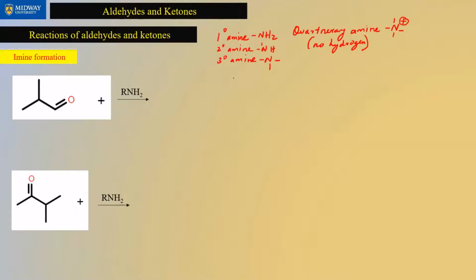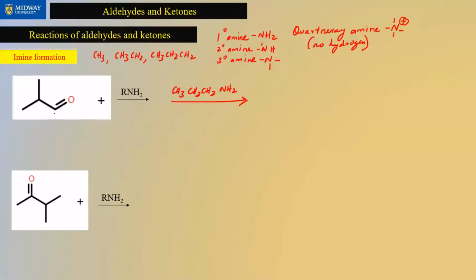Now this is very, very simple. Your R can be anything. I've said this like a zillion times now. R can be a CH3 or CH3CH2 or CH3CH2CH2. So what if it was CH3CH2CH2NH2 reacting with this aldehyde?